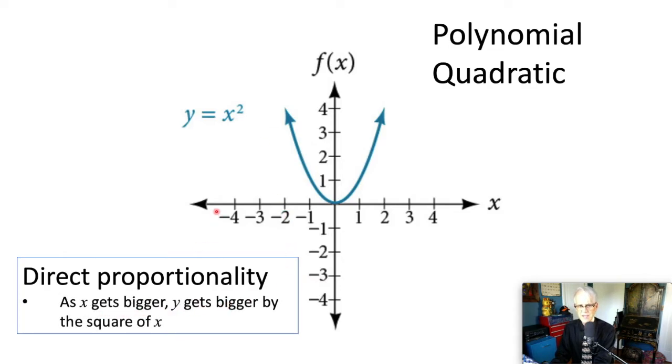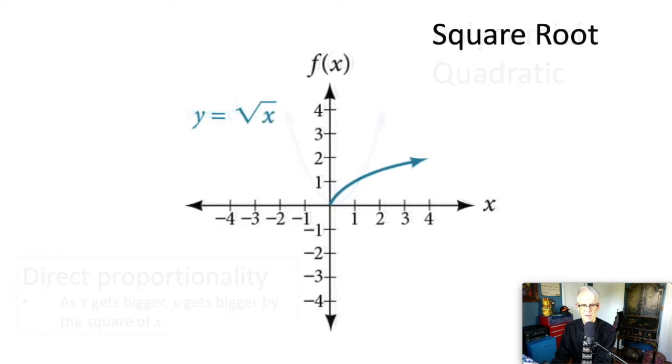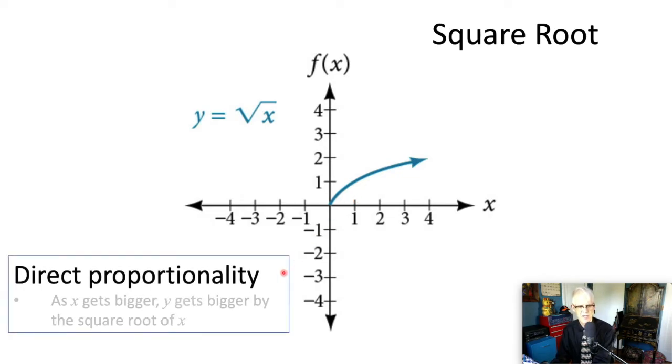As x gets bigger, y gets bigger by the square of x. Another shape that we'll want to be able to recognize is the square root function. It's a direct proportionality, but now as x gets bigger, y gets bigger as the square root of x.